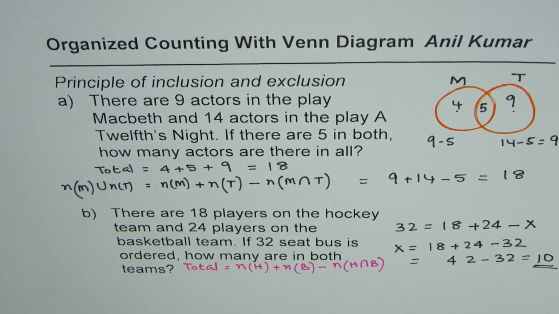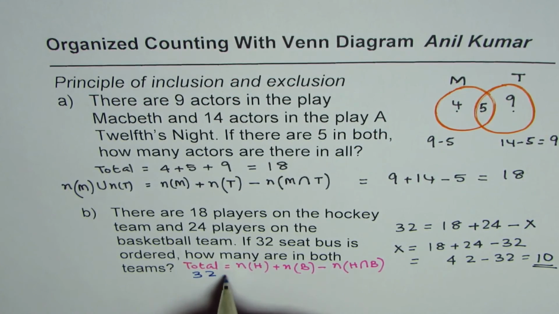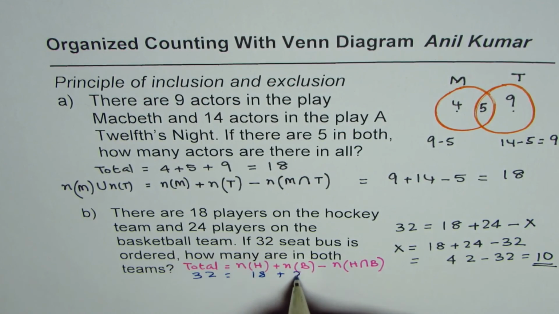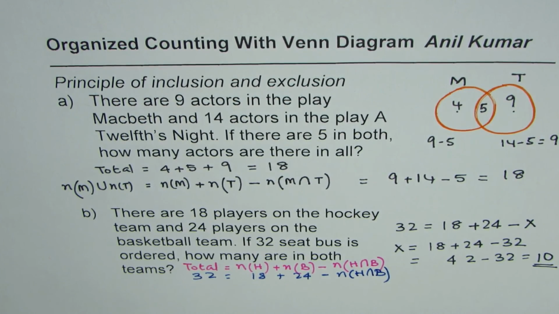We are given the total, which is 32, correct? Numbers in hockey is 18, plus 24, and this is what we need to find. And that is how you do it.